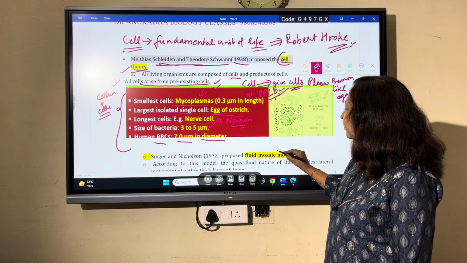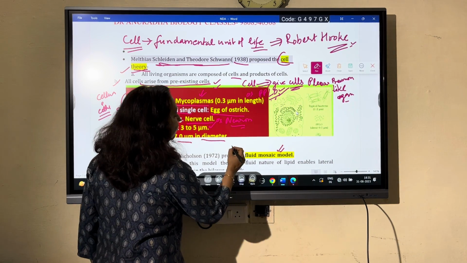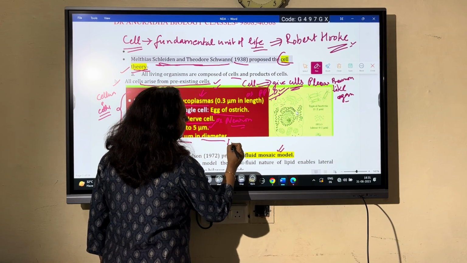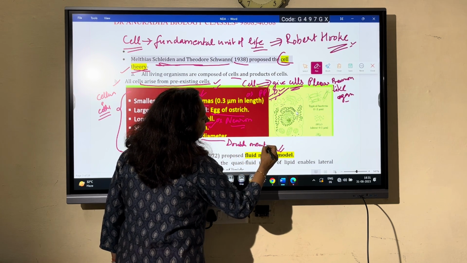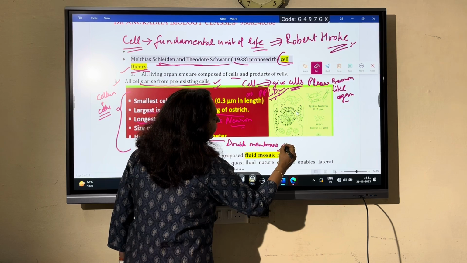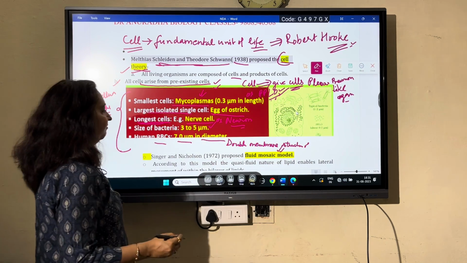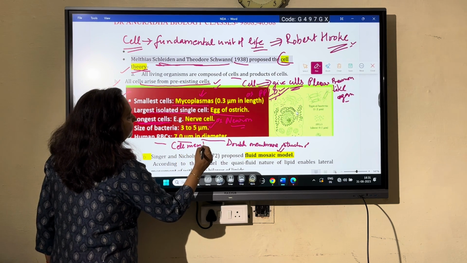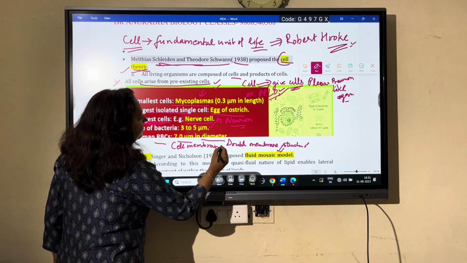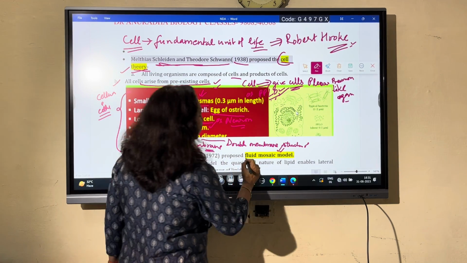Now the fluid mosaic model. It is the model of the double membrane structure, the cell membrane. A particular model was given for the cell membrane.